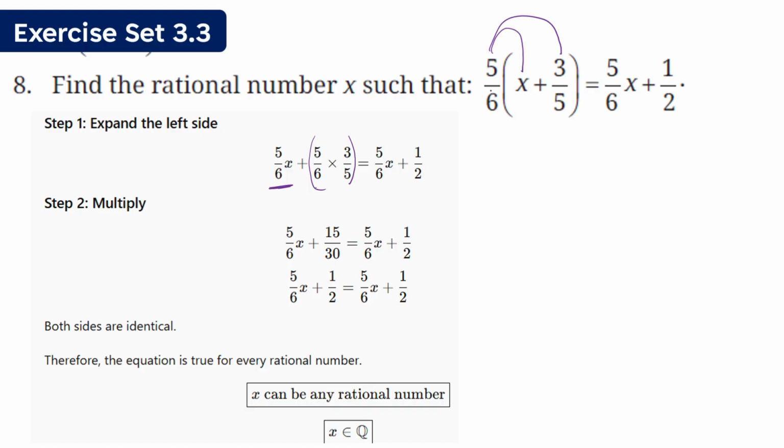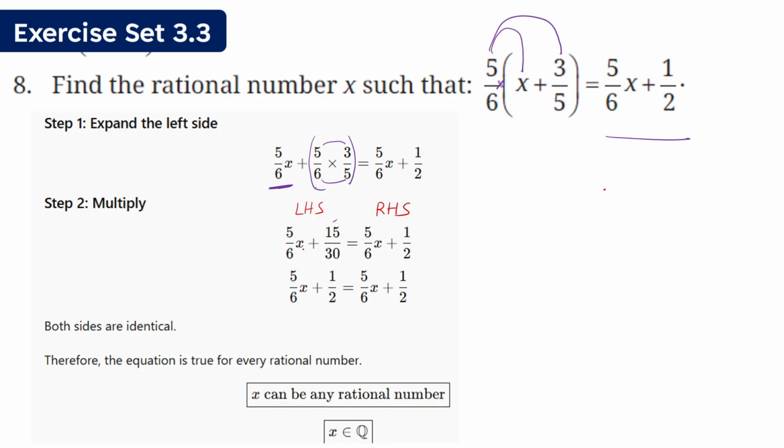So remember, the operation that exists between this fraction and the terms inside is multiplication. So we are entitled to multiply. So once we are done with this, we can multiply these fractions. 3 times 5 is 15. 6 times 5 is 30. We are done. This is the left hand side and this is the right hand side.